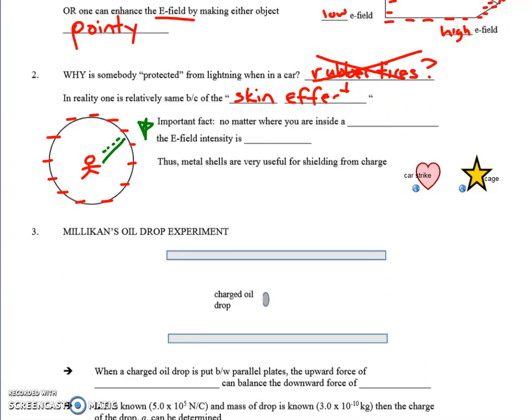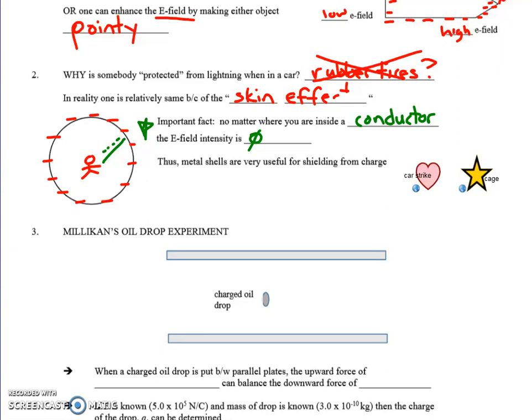You're probably really mad at me right now. Inside a conductor, it doesn't have to be hollow. It kind of has to be the inside of it. But even a solid sphere, this rule applies. And if it's a conductor, then it's probably made of a metal. That's why I changed my mind. But anywhere inside a conductor, the electric field intensity is 0. Okay, that's a really, really important point.